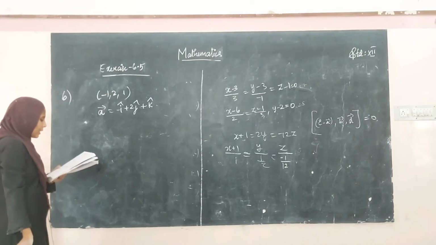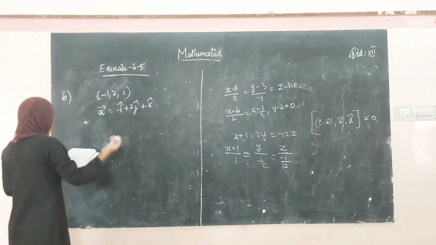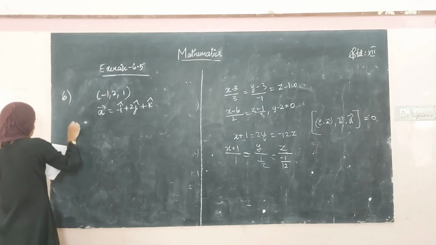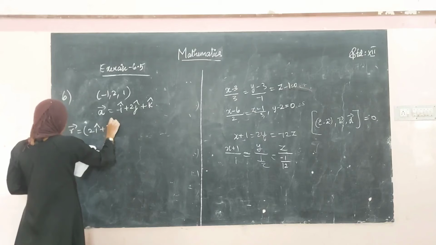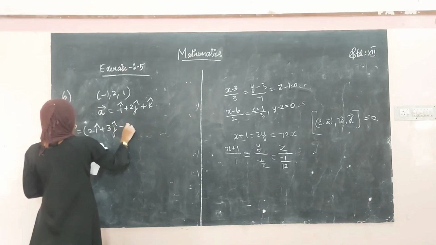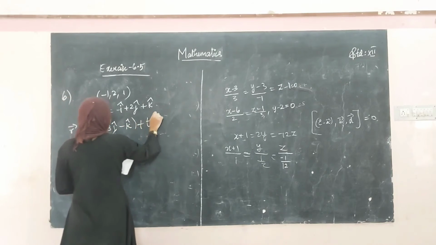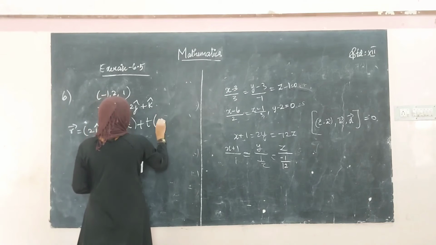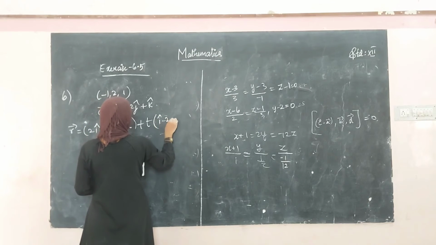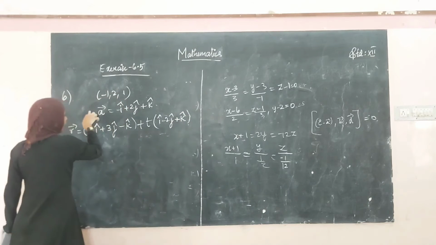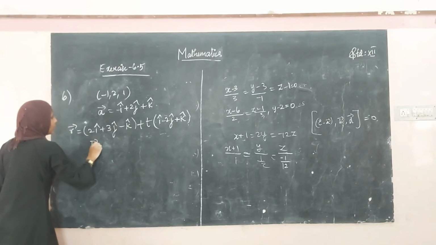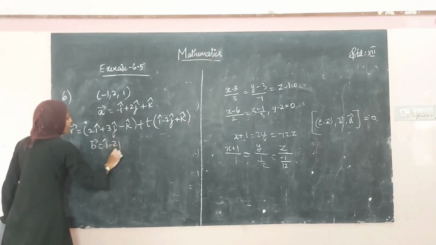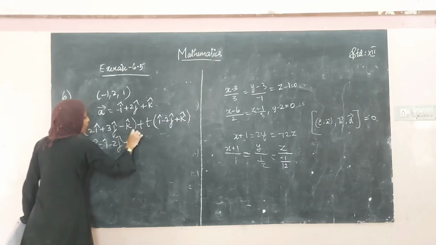Okay, and then what they have given, it is parallel to the line 2i cap plus 3j cap minus k cap plus t into i cap minus 2j cap plus k cap. Okay, so this line is parallel to this line. That means we have to take this as B vector. So B vector is equal to i cap minus 2j cap plus k cap. So what have they asked us to find?